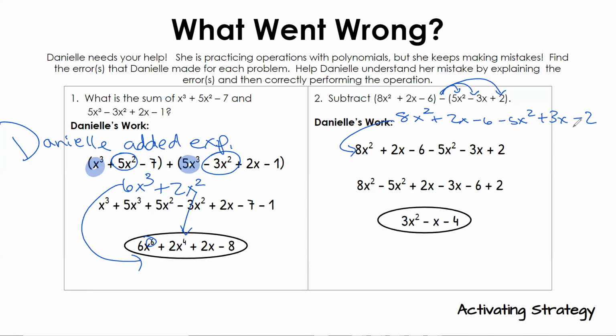No, look at what I wrote and what she wrote. What's different? That too. Okay, plus 2, and she put minus 3x. That means that she did not distribute this part. Yeah. So when you distribute, you got to share all the cookies.